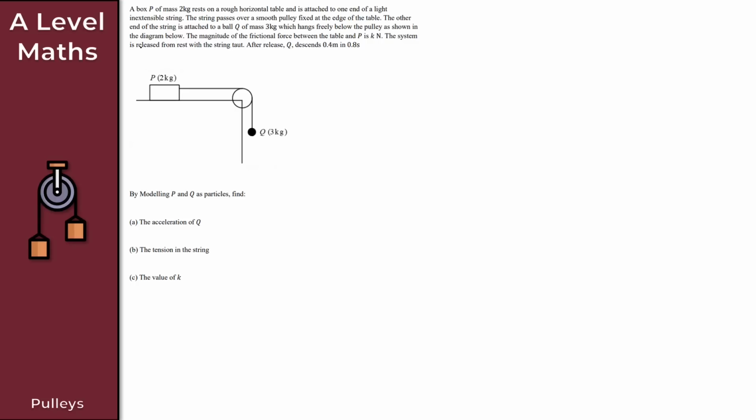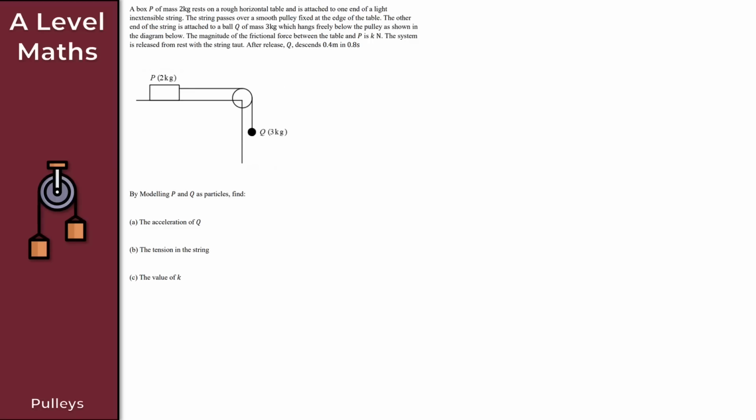For this question, we have a box P of mass 2 kilograms that rests on a rough horizontal table and is attached to one end of a light inextensible string. We're told that the string passes over a smooth pulley fixed at the edge of the table, and the other end of the string is attached to a ball Q of mass 3 kilograms which hangs freely below the pulley, as shown in this diagram.